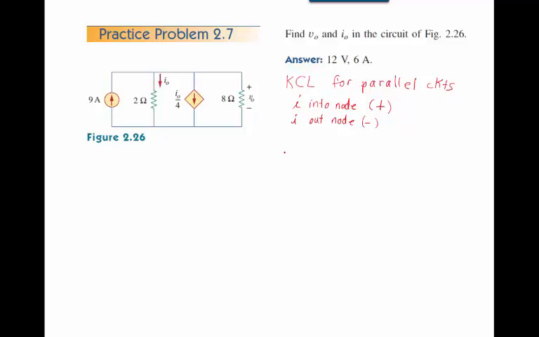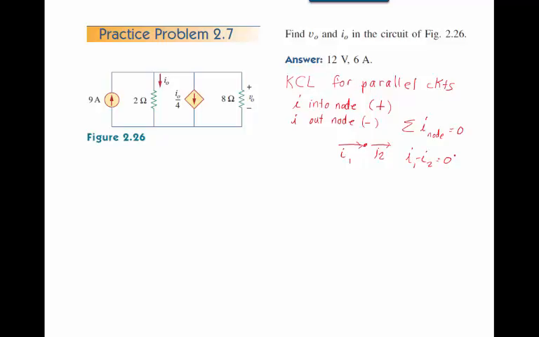I can choose it either way I want, so basically I'm saying that if current is going into the node, it's positive. Current going out of the node is negative if I'm going to sum up all the currents. So in my little example, sum of the currents into the node equals 0. In this little case, I have I1 is positive minus I2 is 0.